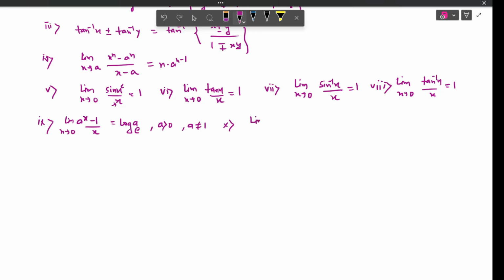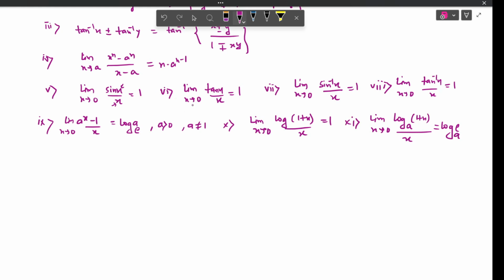Next is limit x tends to 0, log of 1 plus x by x equals 1. Next is limit x tends to 0, log of 1 plus x base a by x. This would be log of e base a.